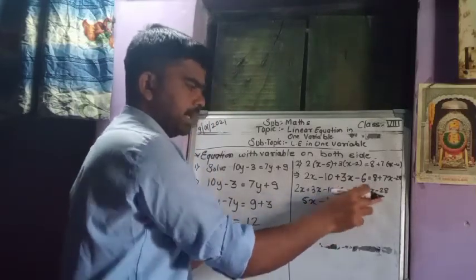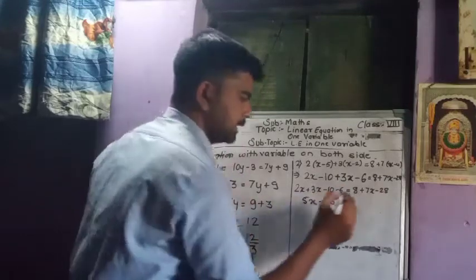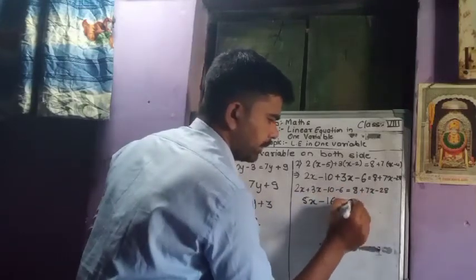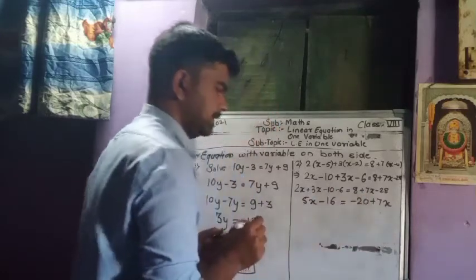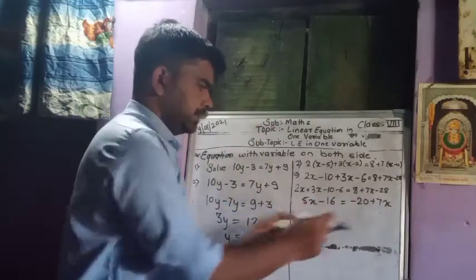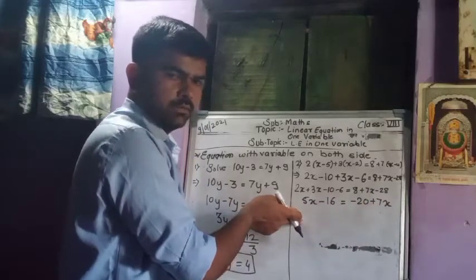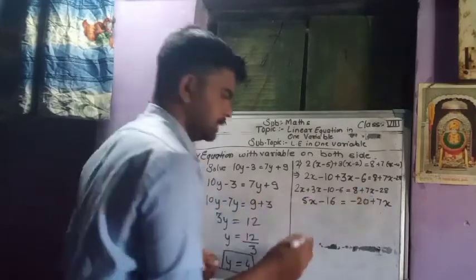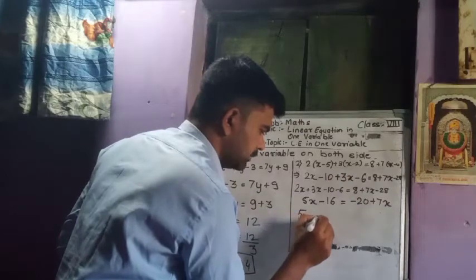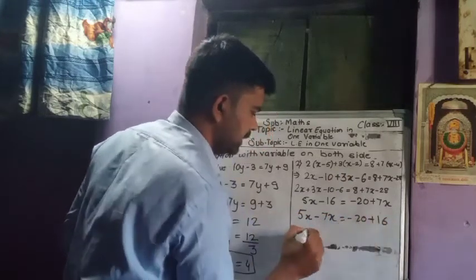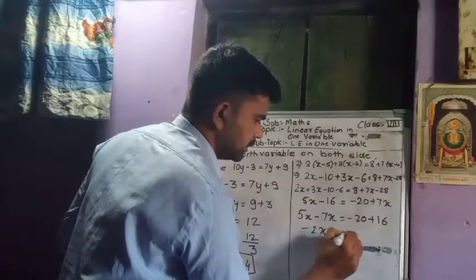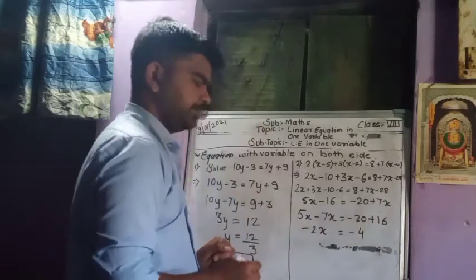So plus minus and greater number sign, so it will become minus 20 plus 7x. So we'll take again the x value one side and the constant value another side. So 5x minus 7x equal to minus 20 plus 16. We'll get minus 2x equal to minus 4.